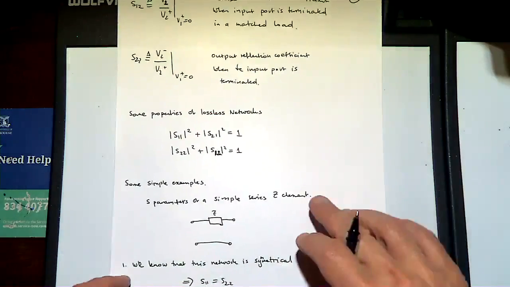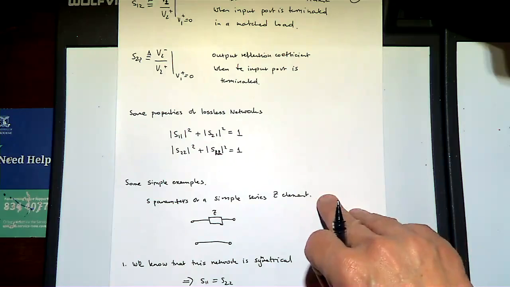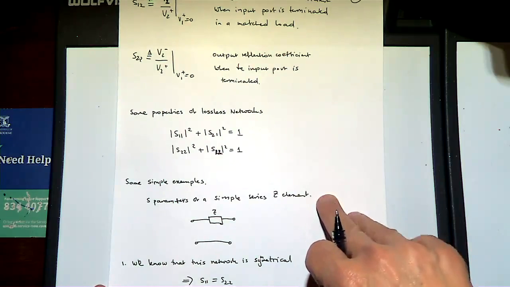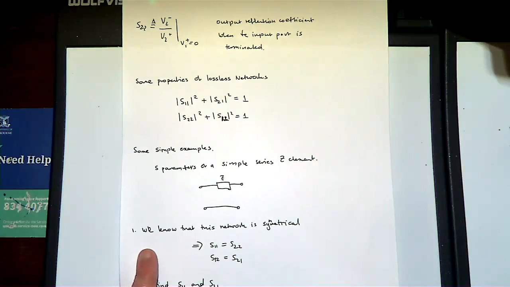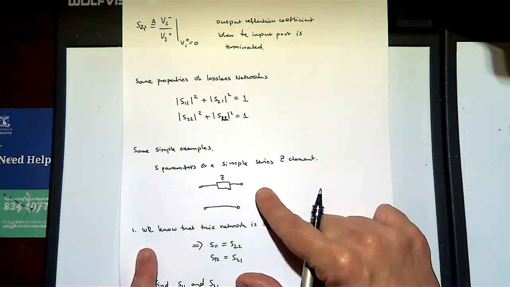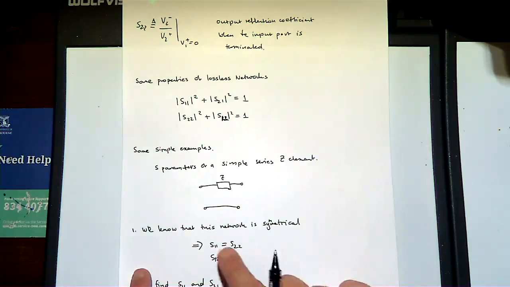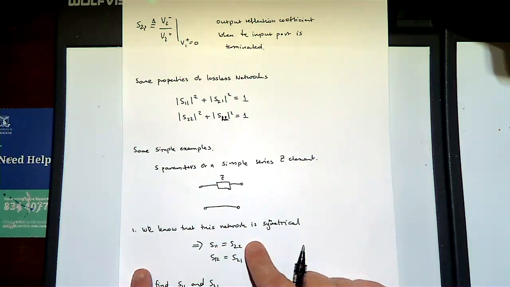Now, good. So I asked you to work out the S parameters for the most simple of networks, right? And what do we know about this network? Well, it has to be reciprocal. So we know that S11 equals S22 and S12 equals S21. How do we know that? It's a resistor, right?